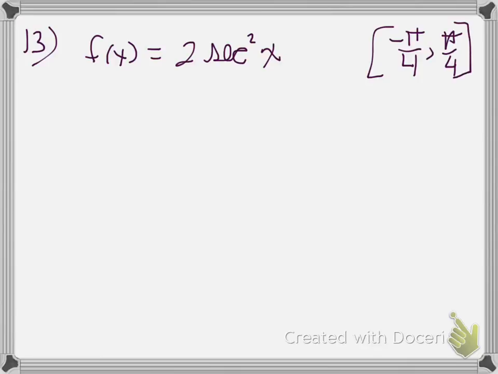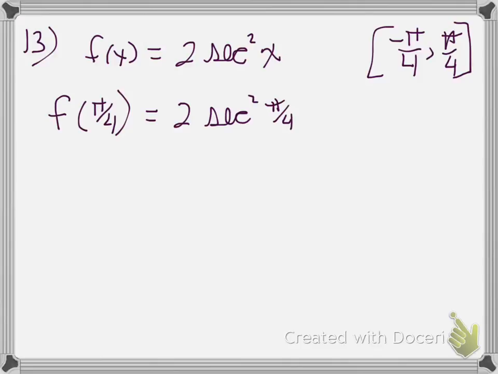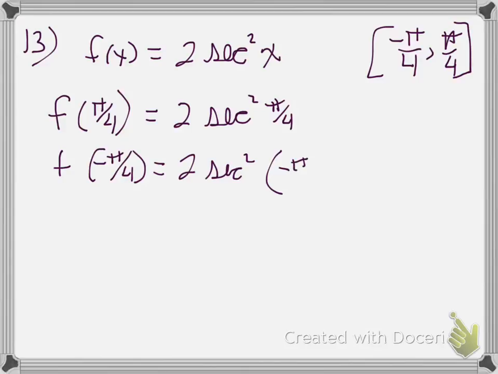Okay. f of pi over 4 is going to be 2 times the secant squared of pi over 4. And f of negative pi over 4 is equal to 2 times the secant squared of negative pi over 4.